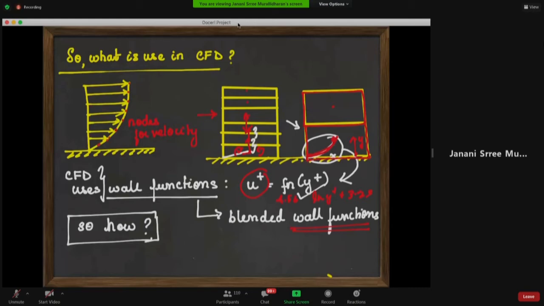Okay. And most of your standard CFD codes use these wall functions, basically velocity value empirical formulations. I'm using the word empirical so that you can understand it. There are different ways in which you can solve one equation model. I won't get into that right now.